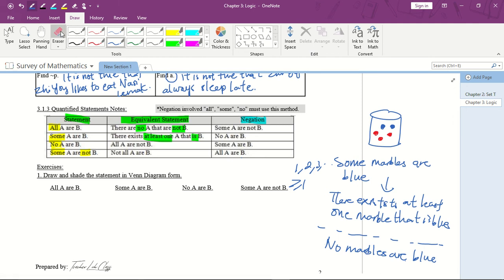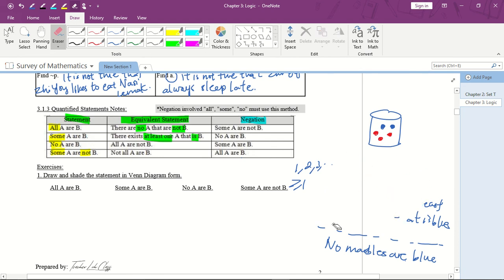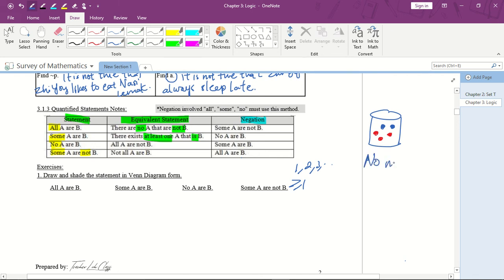I hope we get an idea here. Let's remove this and go to the third statement. It says no A are B. I will say no marbles are green. There are no green marbles, only red and blue.